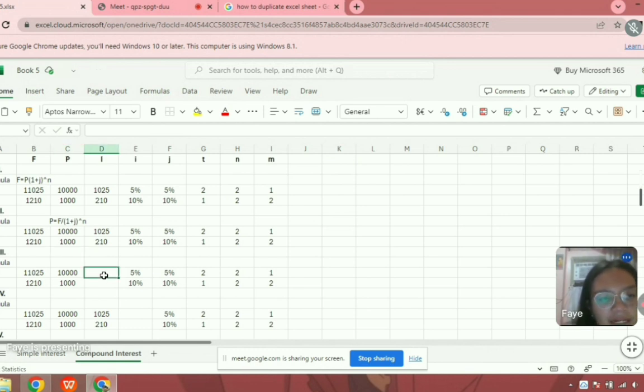For the formula for i, we'll just use the simplest formula, which is i, oh no, wrong.